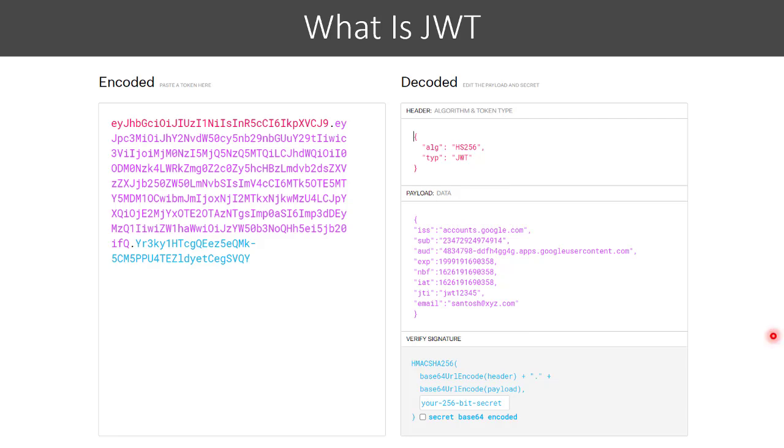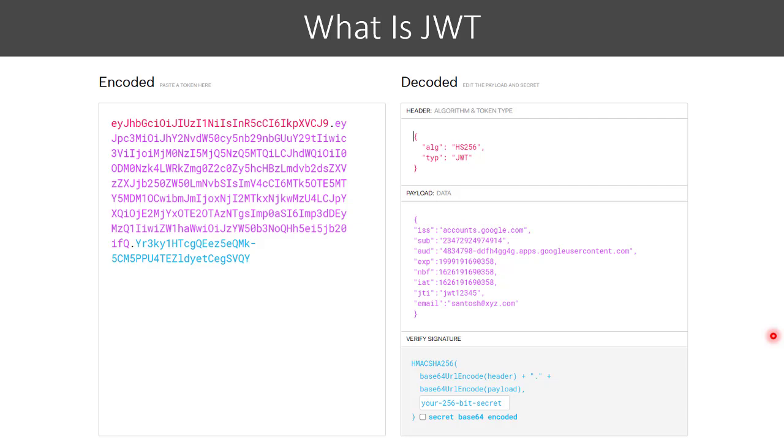The second part of the token is the payload, which contains the claims. Claims are statements about an entity, typically the end user, and additional data. There are two types of JWT claims: reserved claims and custom claims. Reserved claims are claims defined by the JWT specification to ensure interoperability with third-party or external applications.